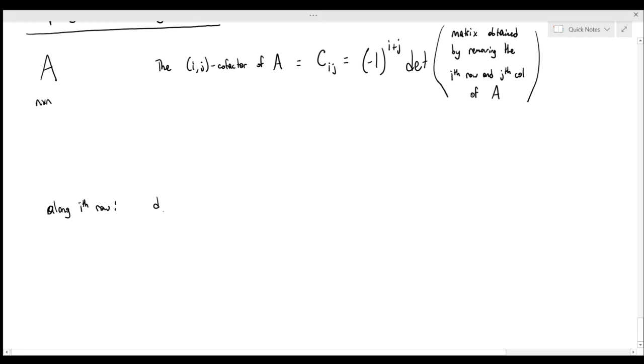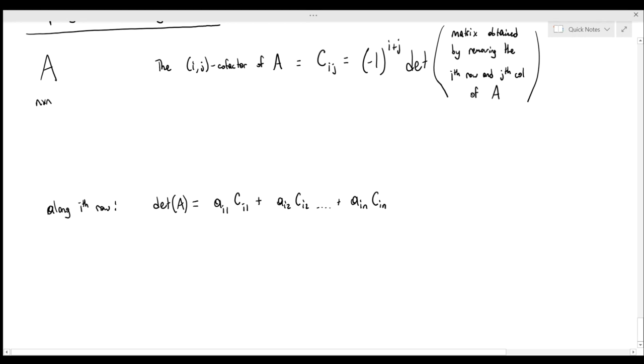To compute the determinant of A using the ith row, I take each entry in the ith row, so a_i1, a_i2, a_i3, and so forth, and multiply it with its corresponding cofactor, so C_i1, C_i2, and so forth. If I add all of those up, it turns out that that will also give me the determinant of A.